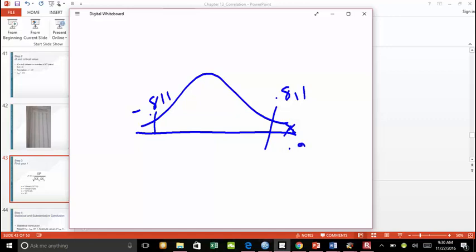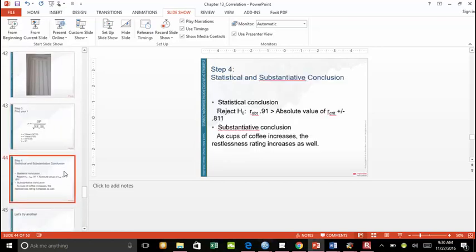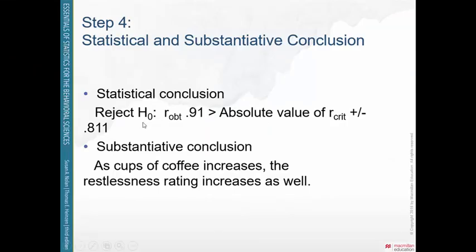It was 0.91. So it's more extreme, or it's in the tails, which means that we will, as before, reject the null. Our obtained R of 0.91 is greater than the absolute value of the critical R of 0.811.